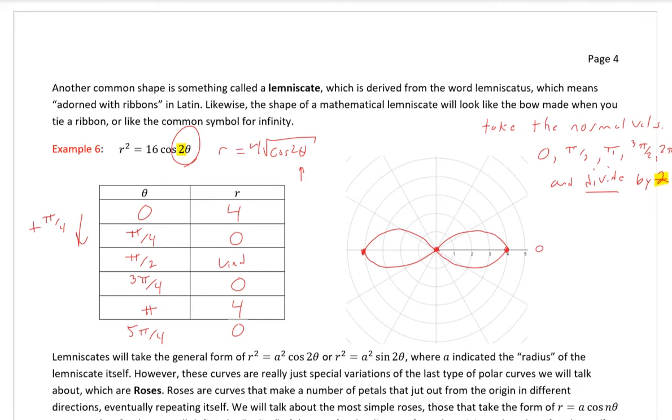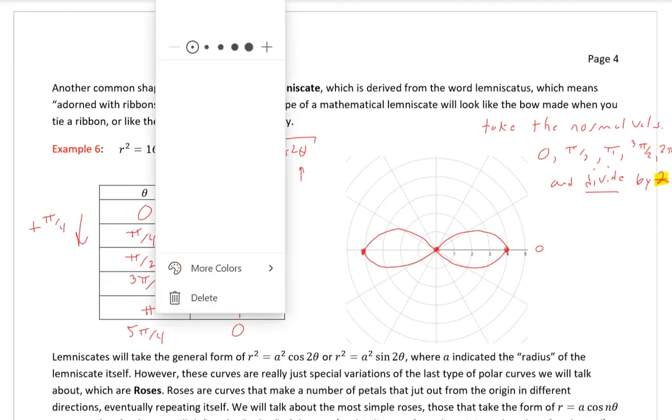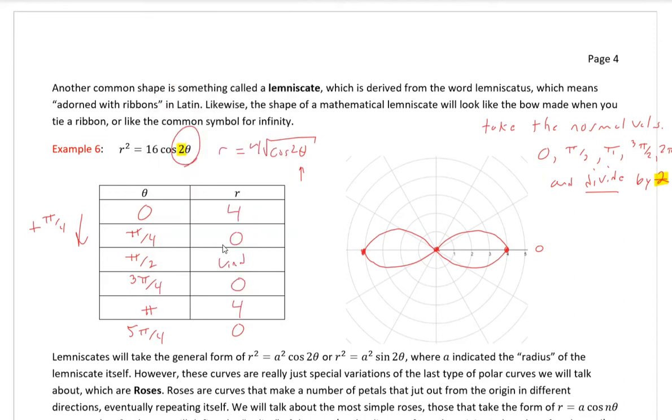If you try to test anything between basically where it got to 0 and undefined, so between pi fourths and pi halves, if you're like, well, okay, what's going on there? If you try to test one of those, between pi fourths and pi halves, for example, is pi thirds, cosine of 2 pi thirds is negative. So you get a negative square root.